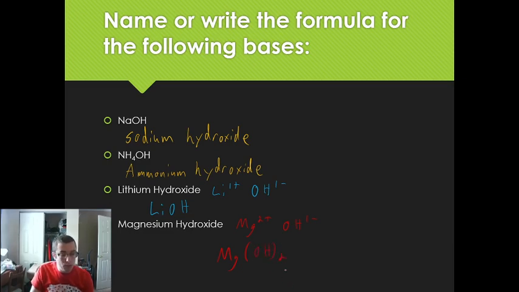This is really the only time you should ever get hung up on base stuff: when you're crisscrossing, make sure you put parentheses around the hydroxide if you need it. Literally anything other than one hydroxide needs parentheses.